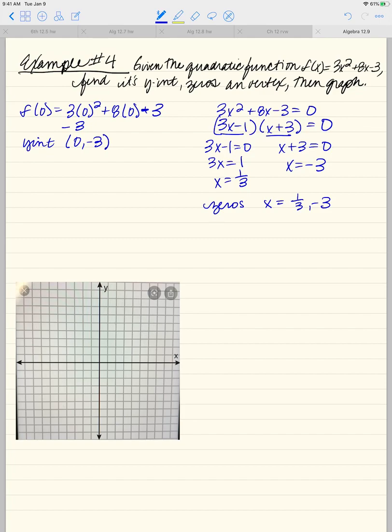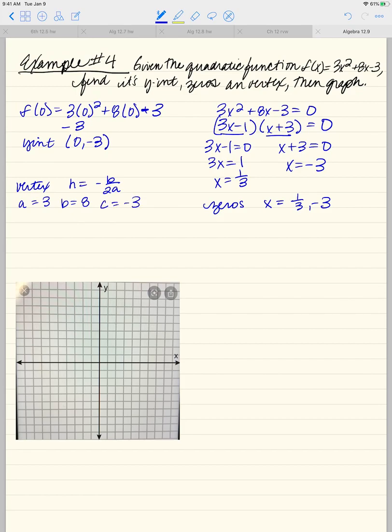Now, find the vertex. How do we find the vertex? Well, we find (h, k). So for the vertex, h is equal to, remember our formula from 2 sections ago, negative b over 2a. In this case, a is 3, b is 8, and c is negative 3.